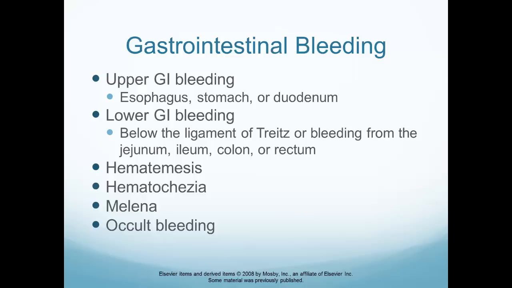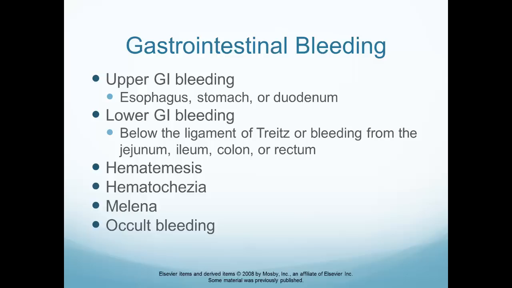And when that happens, it's going to change the stool from being brown to either being a maroon color or being black. That's what we call melena, as we're seeing that maroon color or that blackness to the stool. If we're actually having blood in the stool, that's called hematochezia, and that's usually an indication that we have a much lower GI bleed in the colon or in the rectum.